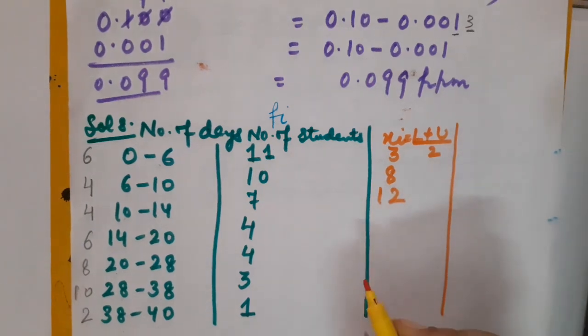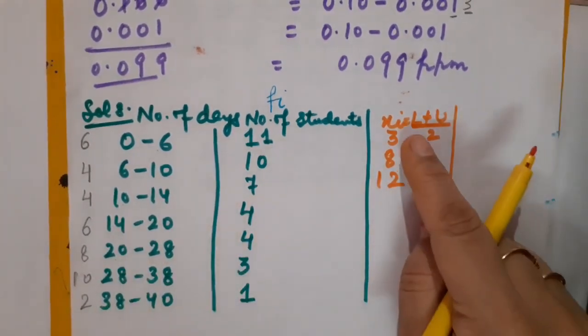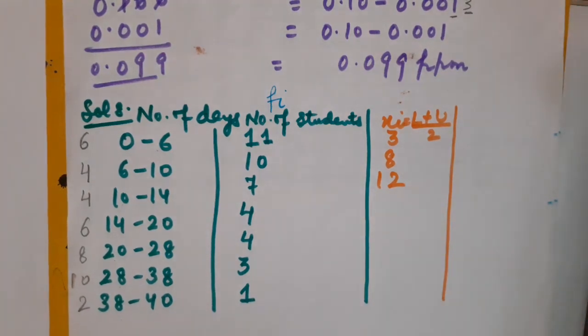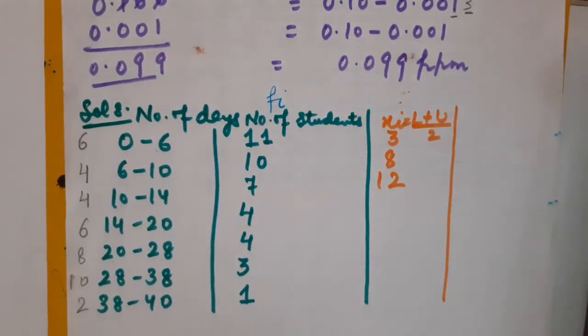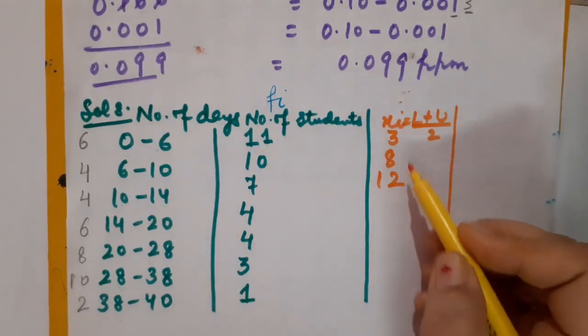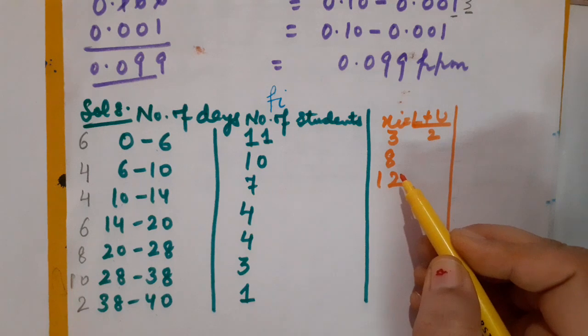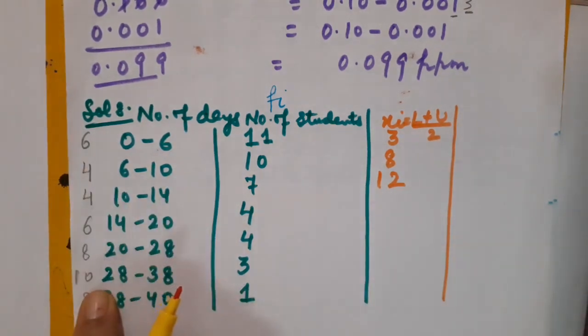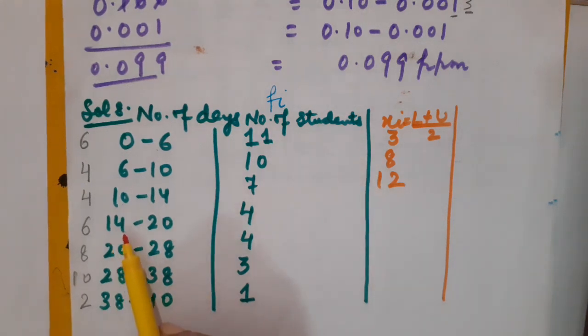Again you have got 12. Children, here you can observe one thing, that the difference between the terms in the list of numbers written in the class mark is also varying. They are varying because the h is different. Correct? So let us calculate the next one.